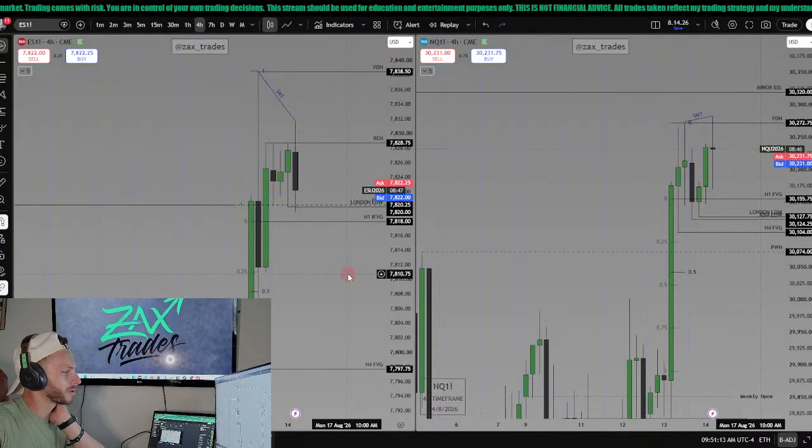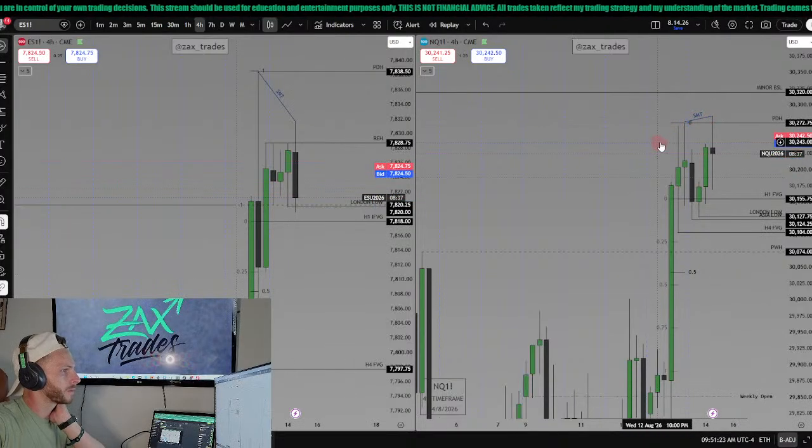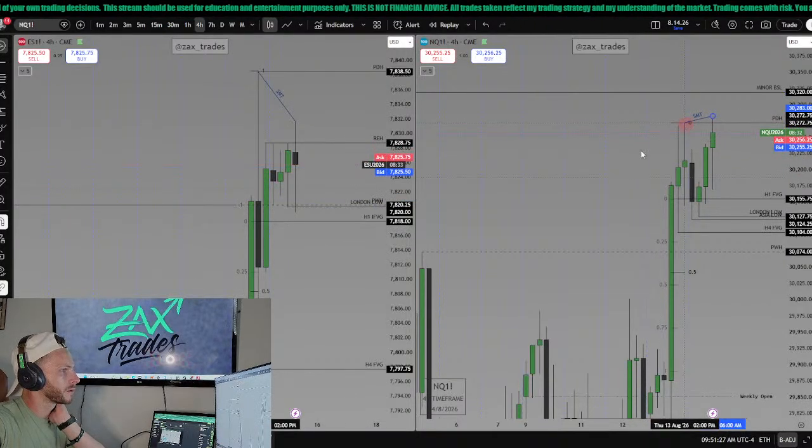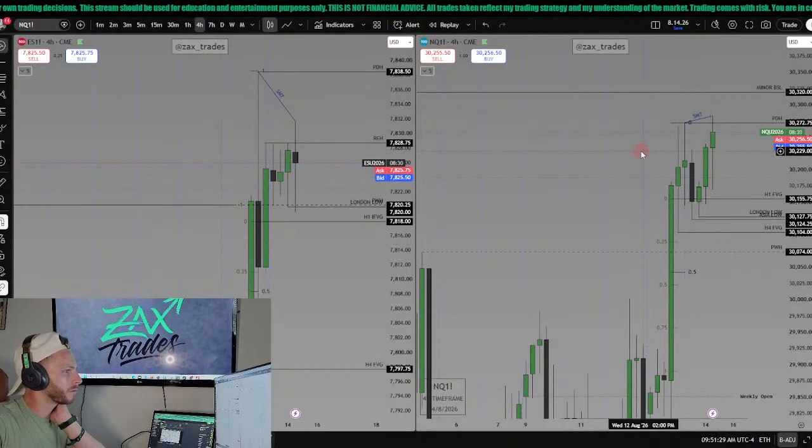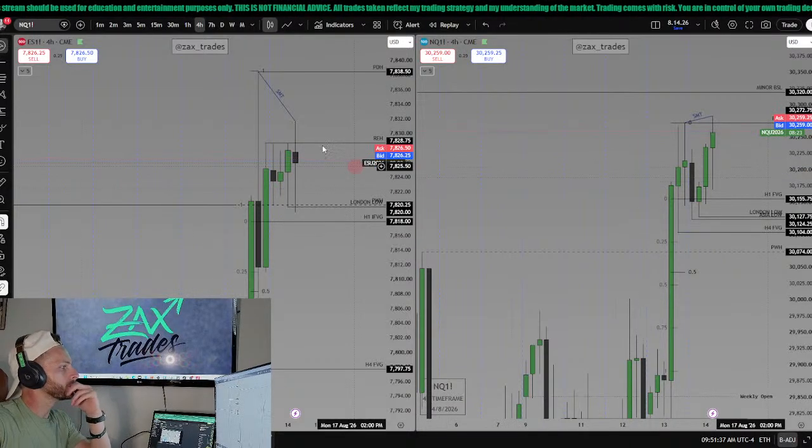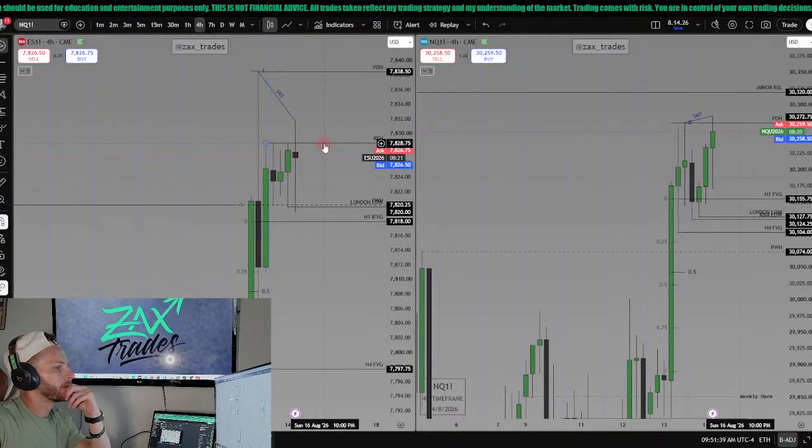This 4-hour candle's printing a little different. NQ is holding a little stronger. Obviously took the previous day high up here. Seems to be rejecting that level though pretty aggressively, going back up to retest it.